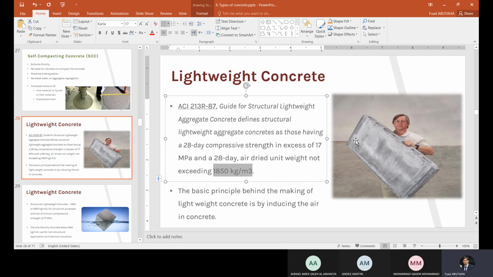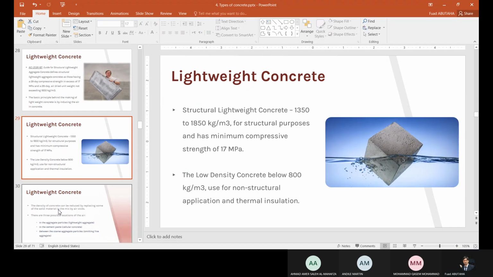So lower density means lower strength, and high density or heavy weight means higher strength of concrete. That's why we must make sure we achieve a minimum of 17 megapascals in order to be used for structural purposes.